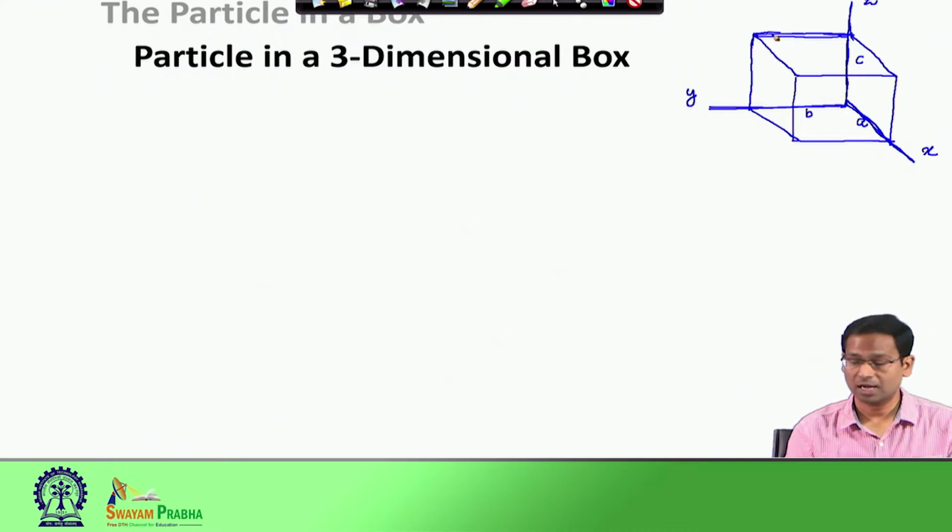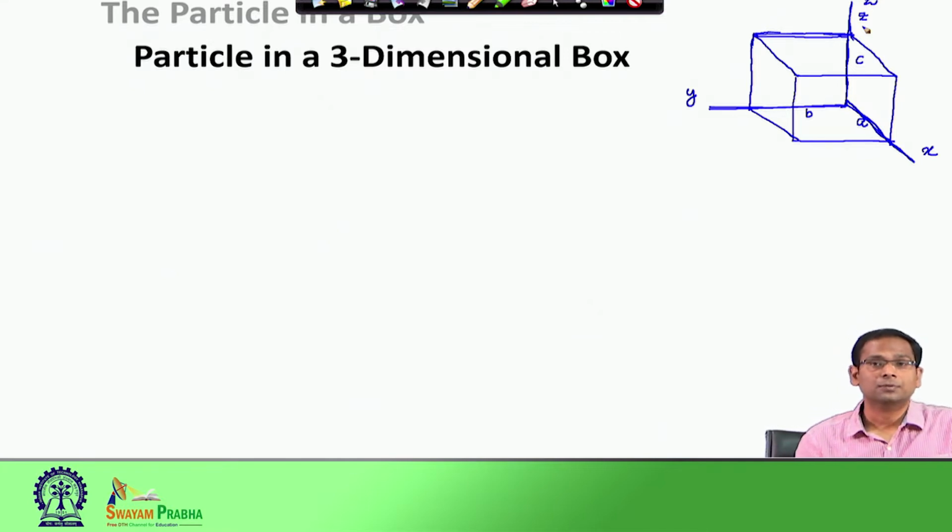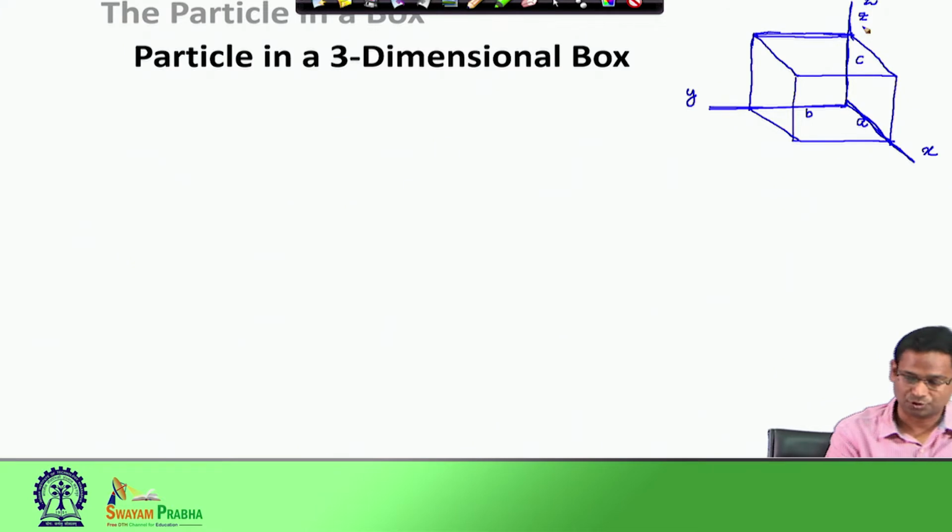Like we had in the particle in a one-dimensional box, where we defined that the particle experiences zero potential energy within the box and infinite potential energy outside the box, we would use the same definition over here.